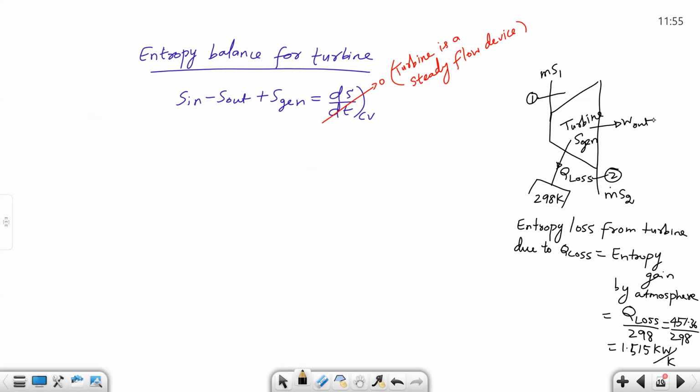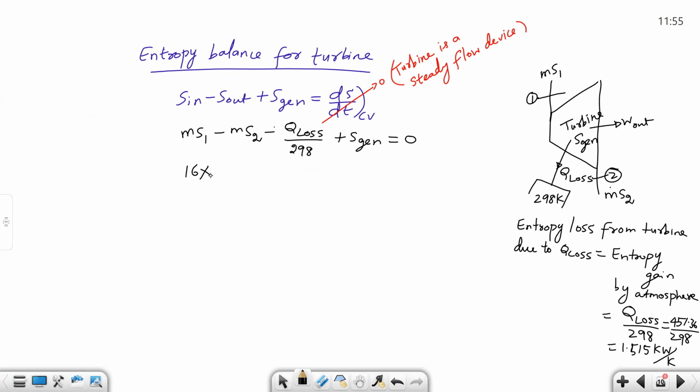So entropy in will be m S1, entropy out will be m S2. Then the heat loss by 298 plus entropy generation equal to 0.